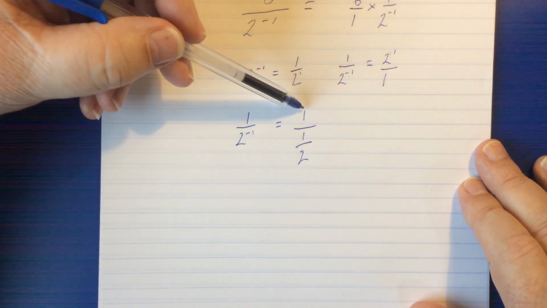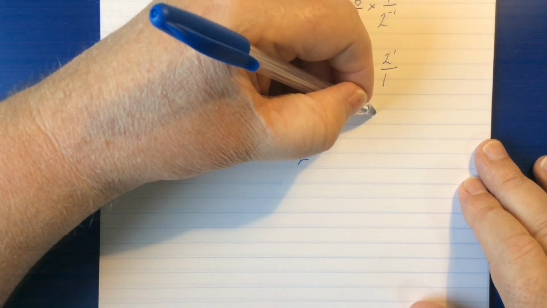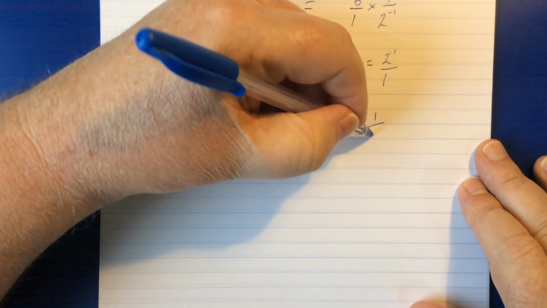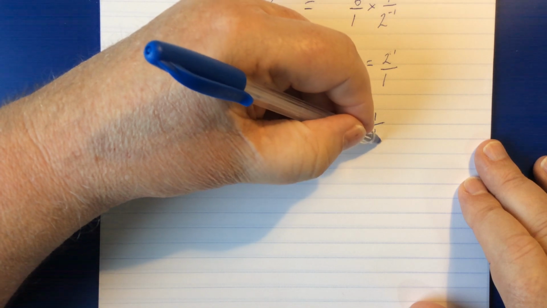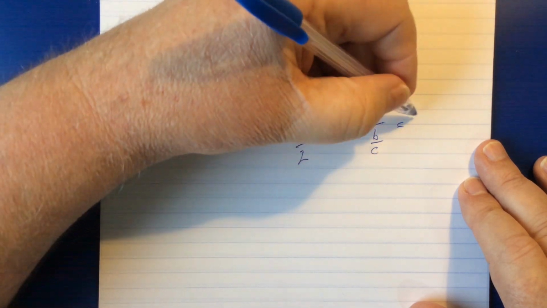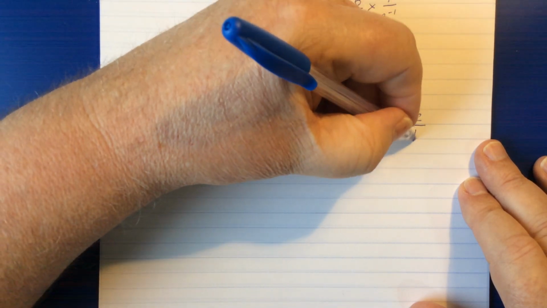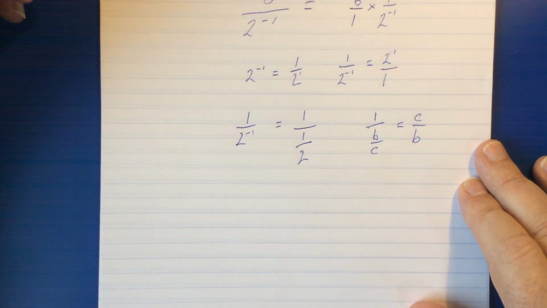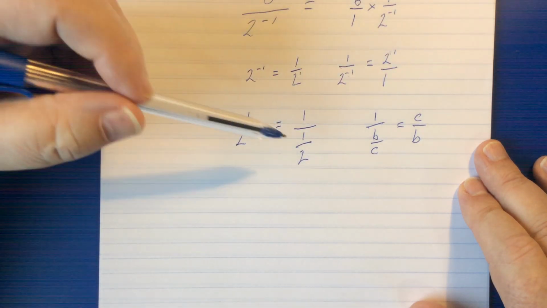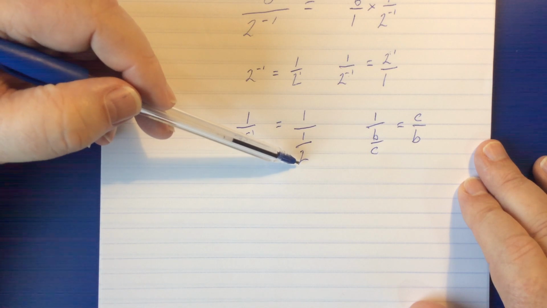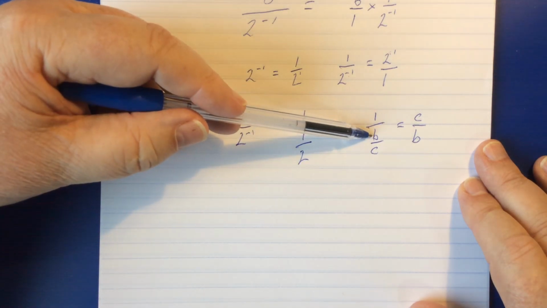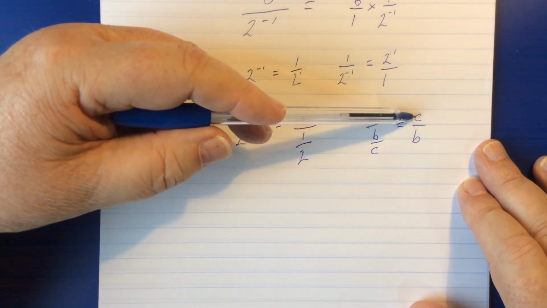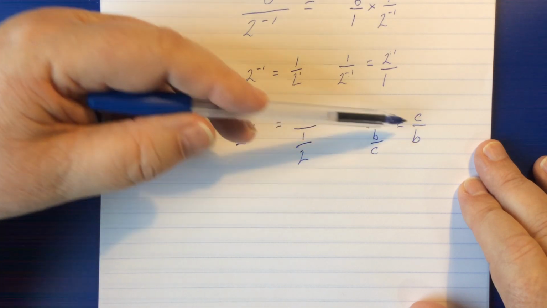There's a rule that governs this, and if I just write that rule out here, it is that: 1 over b over c is equal to c over b.